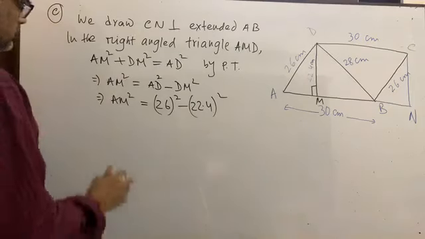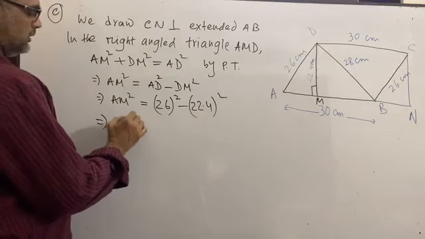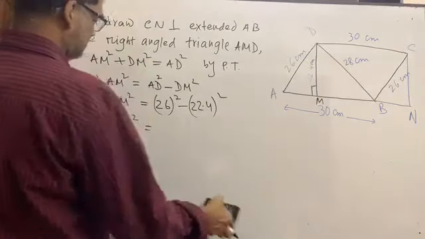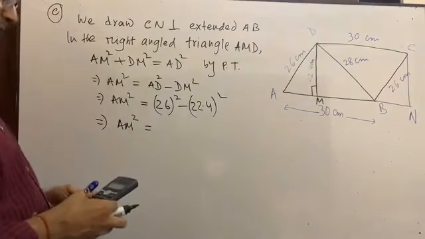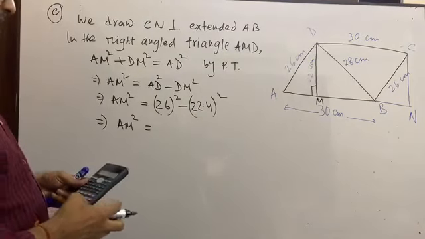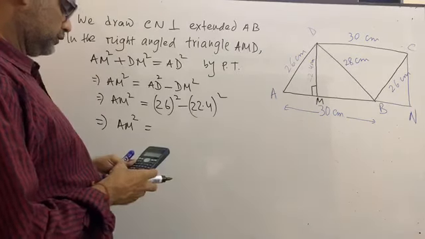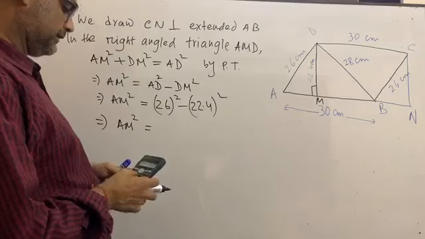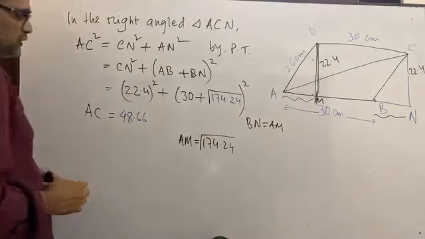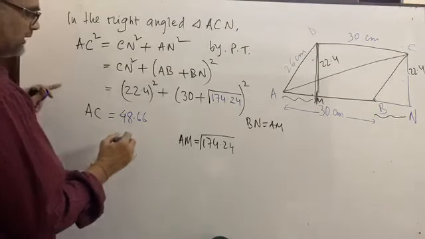Now AM square is equal to, you use the calculator, 26 square 676 minus 22.4 square. So the length of the larger diagonal is 48.66 approximately.